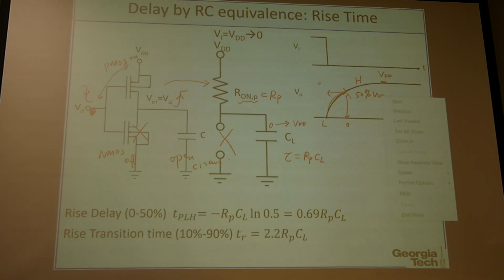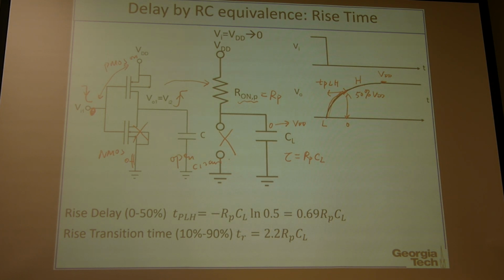So this will be your TPLH. So here the question is to solve this exponential function to get this 50% increase of the VDD voltage and then to get the delay.